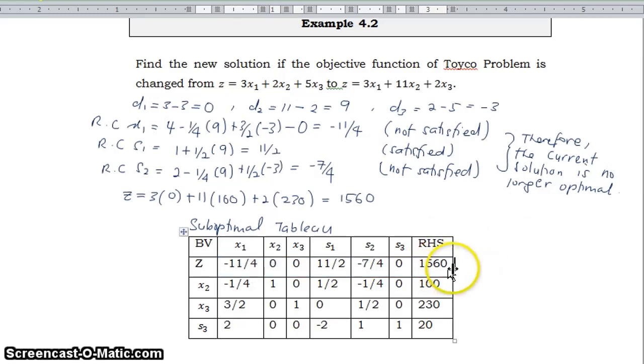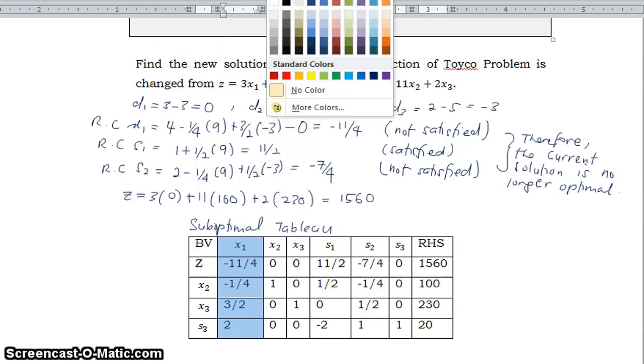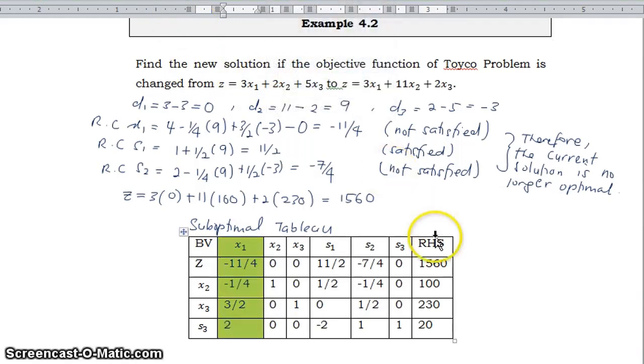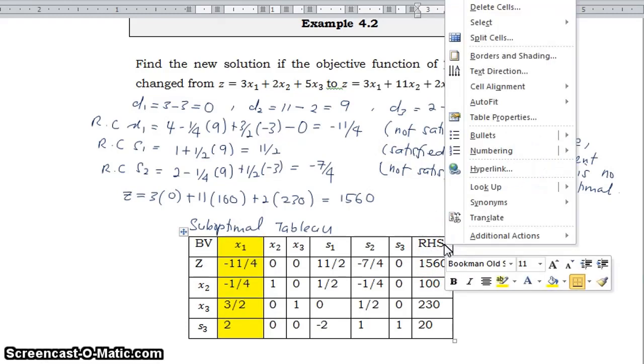We only change the coefficients in the objective function and also the z value. From this tableau, we see that we have two negative coefficients, and we know this is not the optimal tableau. We choose the variable with the most negative coefficient to be the entering variable. So x1 is the entering variable. Next, calculate the ratio to get the leaving variable.